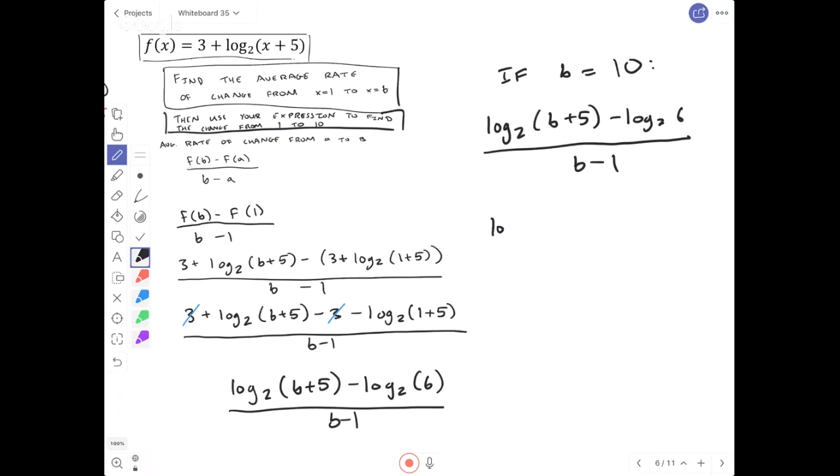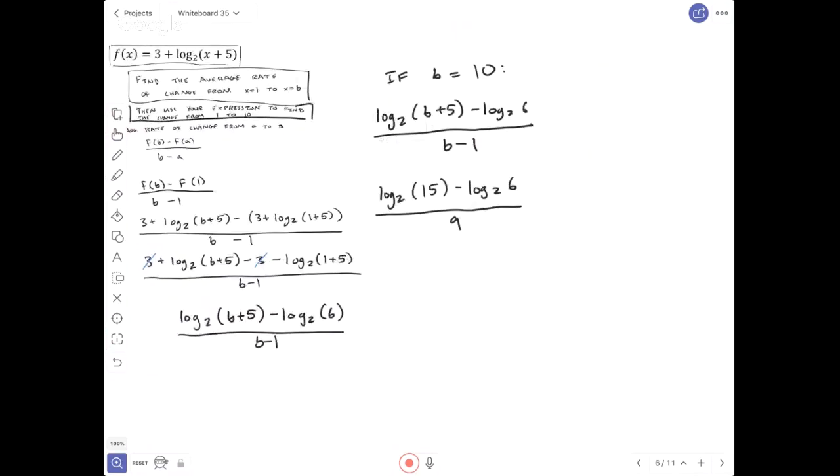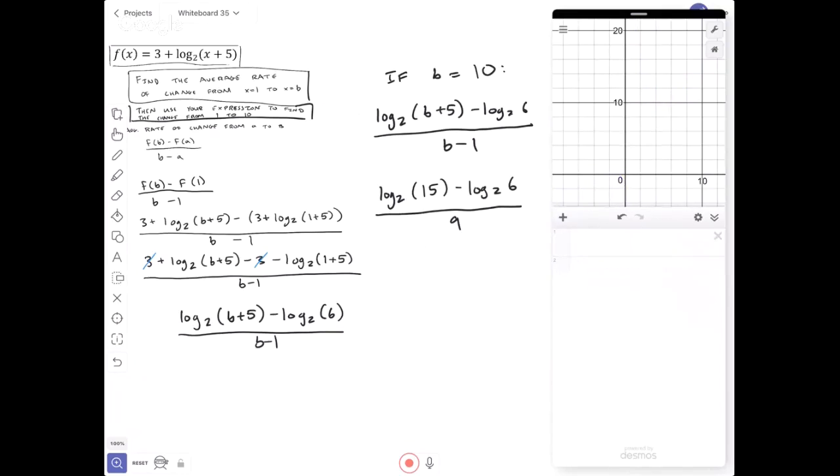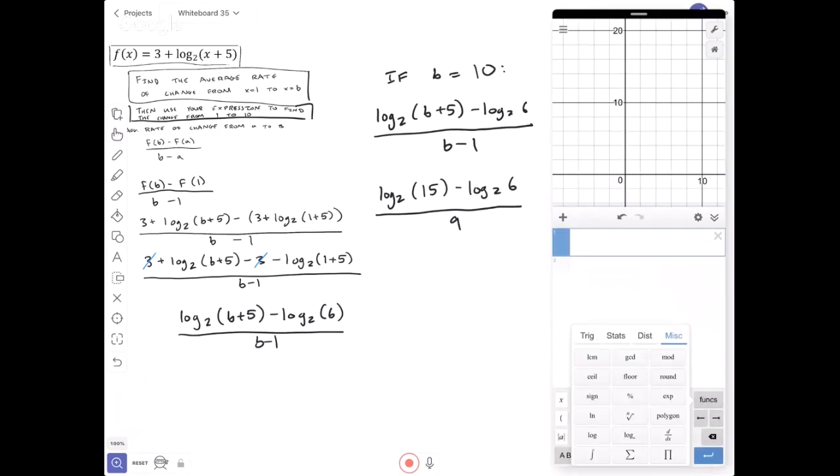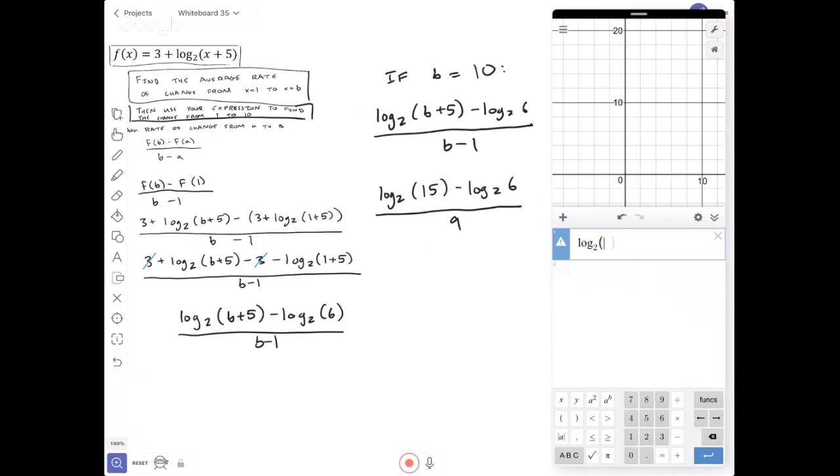If b is 10, then that's log base 2 of 15 minus log base 2 of 6 all over 10 minus 1 is 9, which I could evaluate with any scientific calculator, but I have Desmos. So log base 2 of 15 minus log base 2 of 6 all over 9.